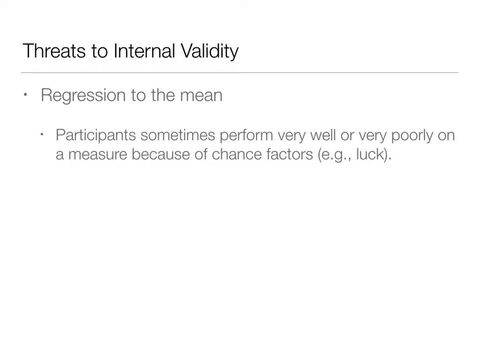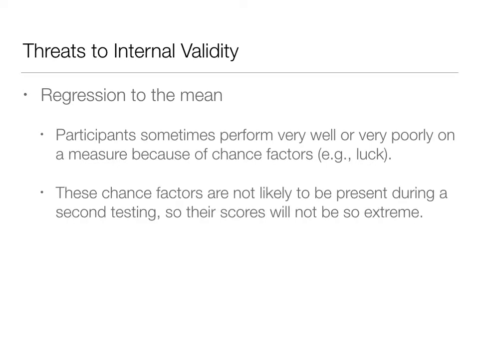It had no reflection of how well you studied. Well, the next time you take the test, those chance factors aren't likely to be present. And so your score will not be so extreme. Your score, or the scores, will regress or go back towards the average, towards the mean.